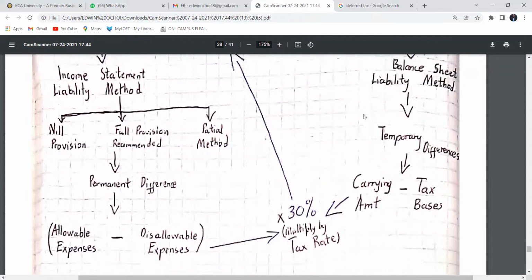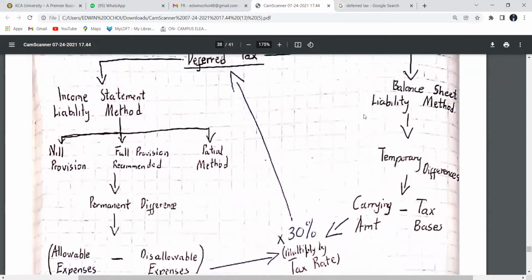Then for the balance sheet, which is highly recommended by International Accounting Standard 12 to determine the deferred tax. When you are supposed to get the deferred tax, you use the balance sheet liability method, which views the deferred tax to arise from temporary difference.